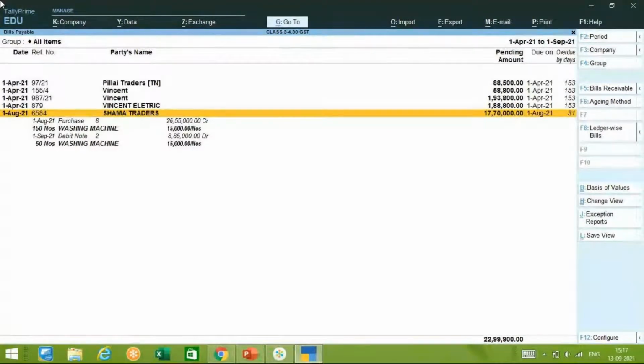So automatically it is decreased from 26 lakhs. 8 lakhs is deducted. 17 lakhs is there to be paid. Is everybody getting the same thing? Try, everyone.